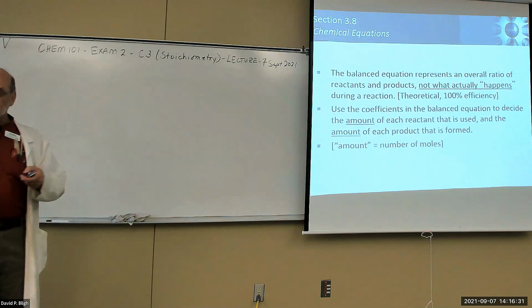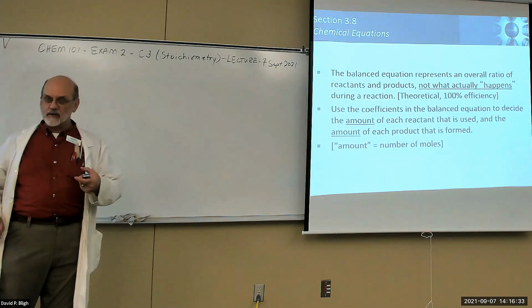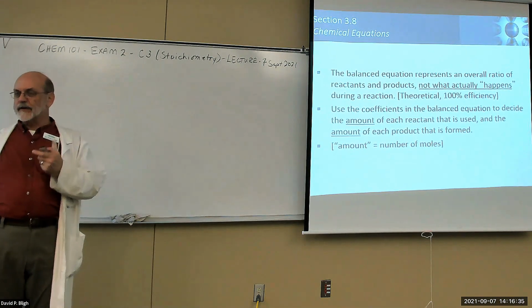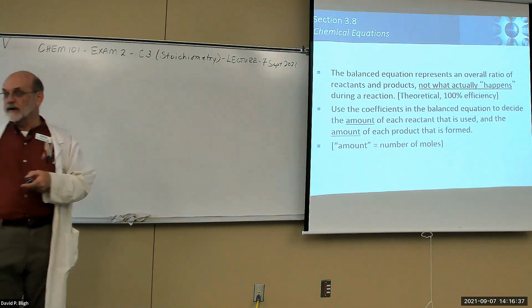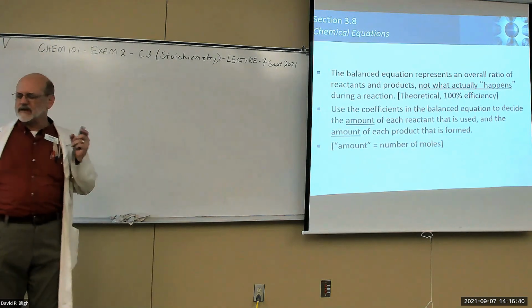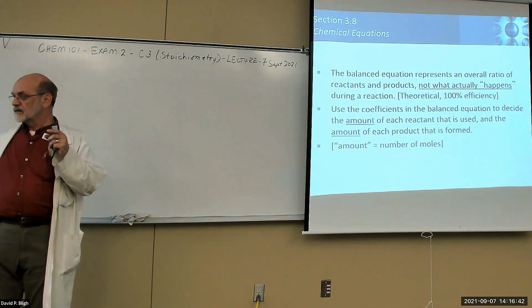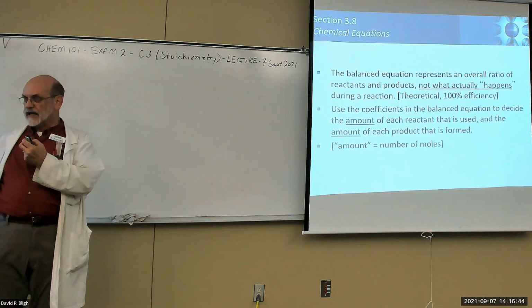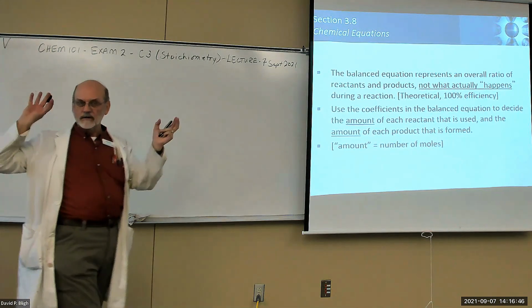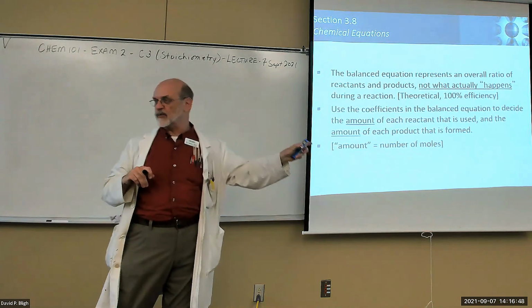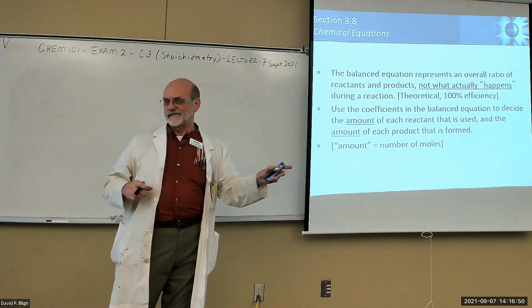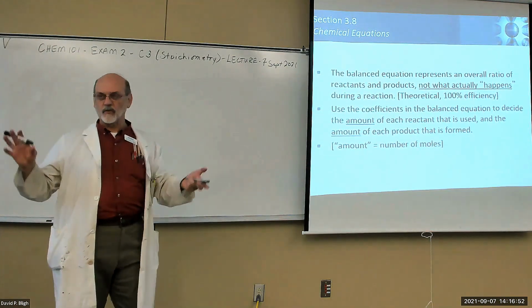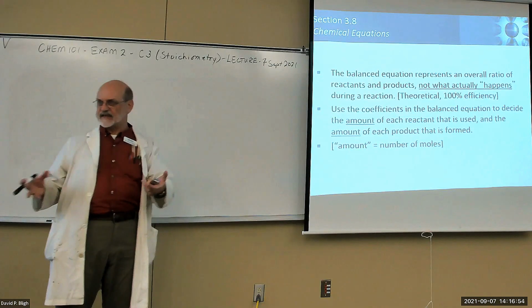Now, another thing to recognize is that this equation we've written is theoretical. In other words, we're saying that 100% of the reactants come together and disappear, and they make 100% of the products. Okay, we've got to start somewhere. So we start with easy.